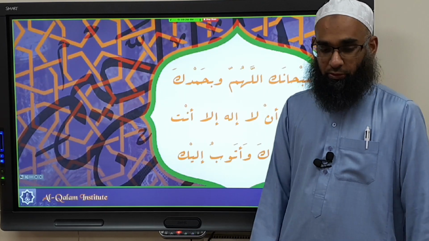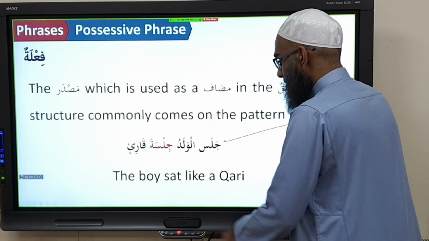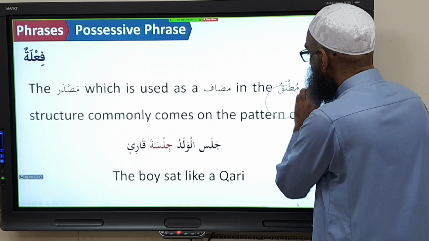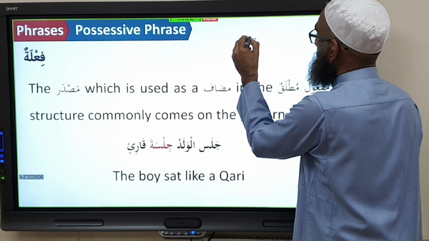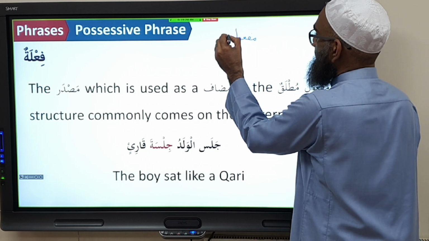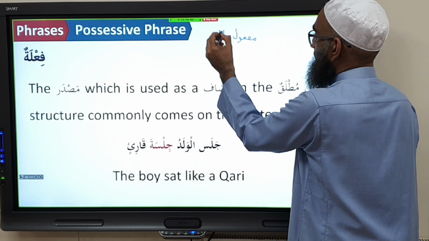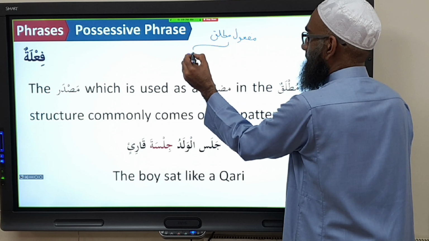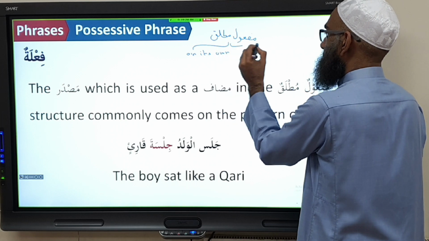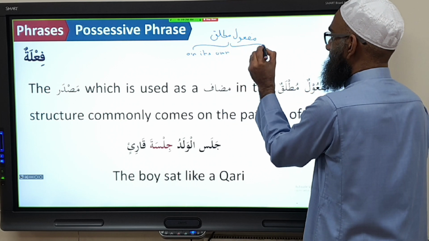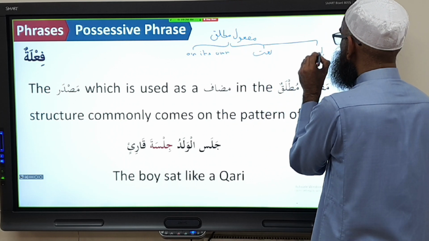Okay? Do you understand? So before we finish off, let's summarize the uses of maf'ul mutlaq we've done so far. If you look at it here, we have maf'ul mutlaq on its own, with a na't, or with idafa.